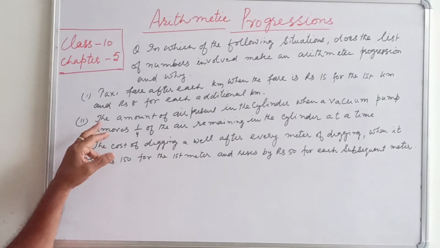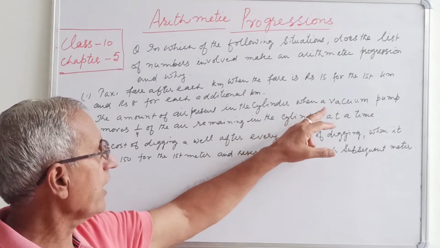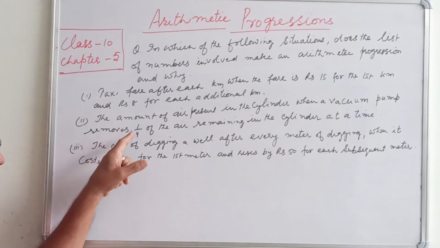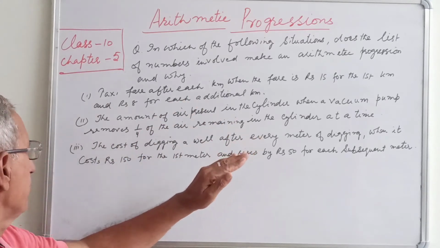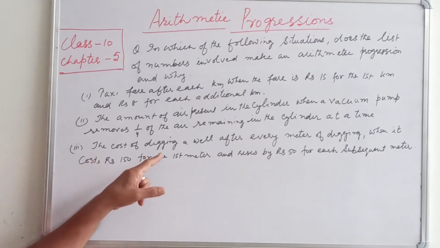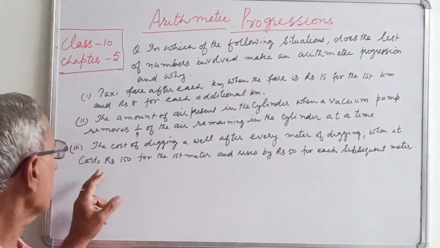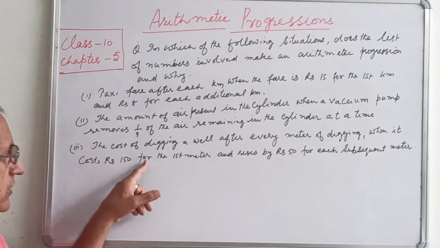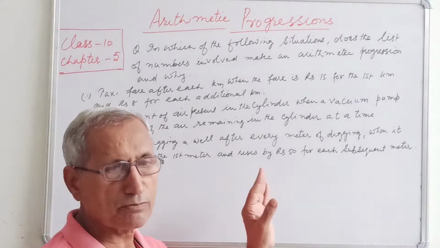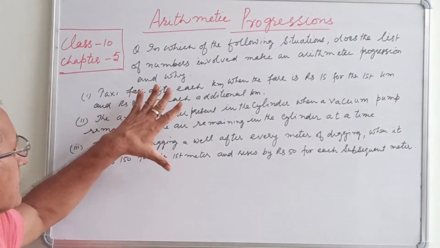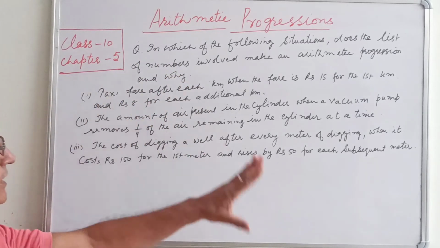Second part, the amount of air present in the cylinder when a vacuum pump removes 1/4 of the air remaining in the cylinder at a time. Third part, the cost of digging a well after every meter of digging when it costs ₹150 for the first meter and rises by ₹50 for each subsequent meter.